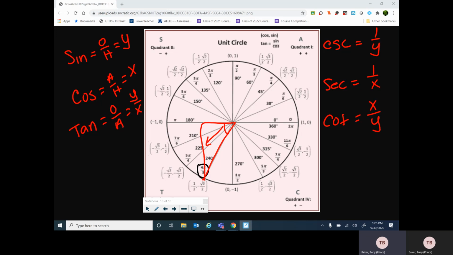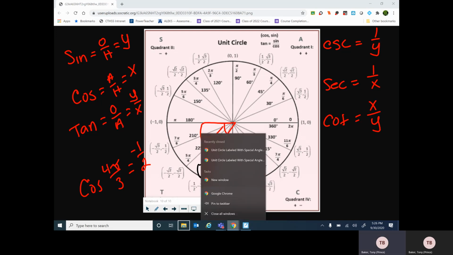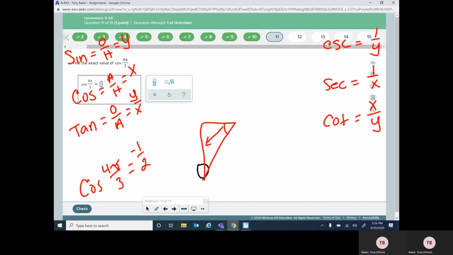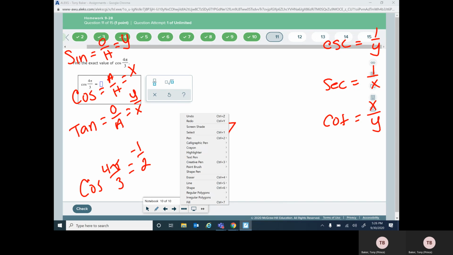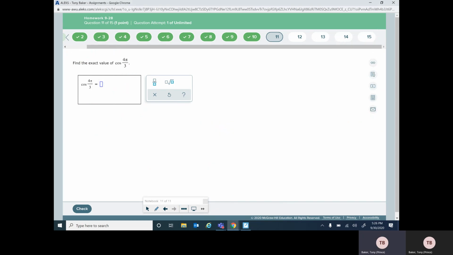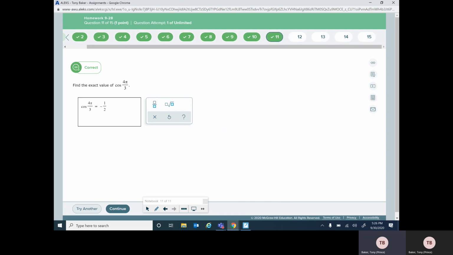So for this one, we're looking for cosine. So cosine of 4 pi over 3 equals, it's the x value, so -1/2. So we go back, and I'm going to plug in -1/2 for my cosine.